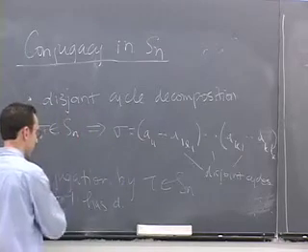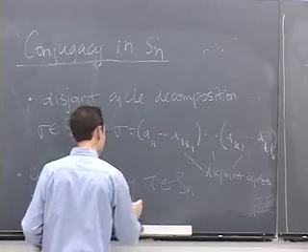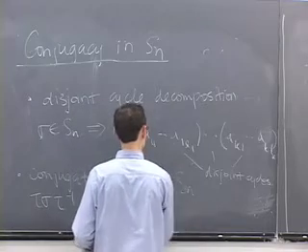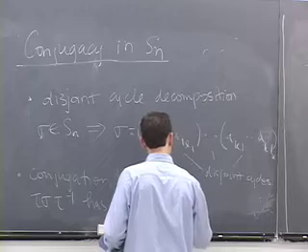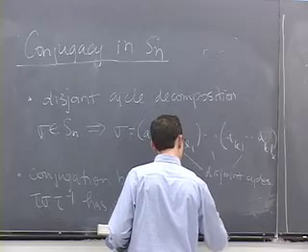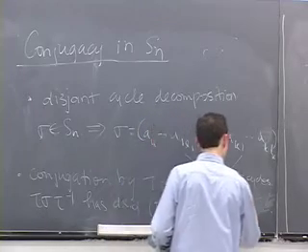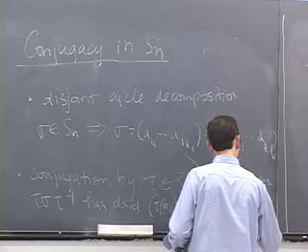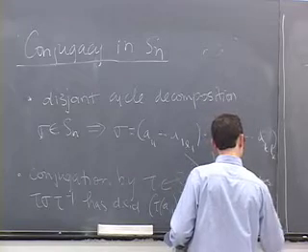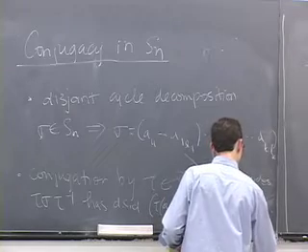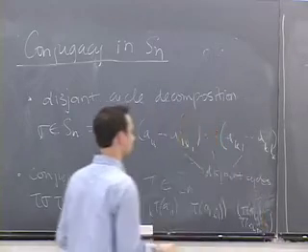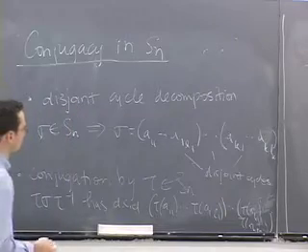So if I conjugate, this thing has disjoint cycle decomposition (tau(a_11) ... tau(a_1l_1)) ... (tau(a_k1) ... tau(a_kl_k)). Well, it's pretty obvious what I'm saying.